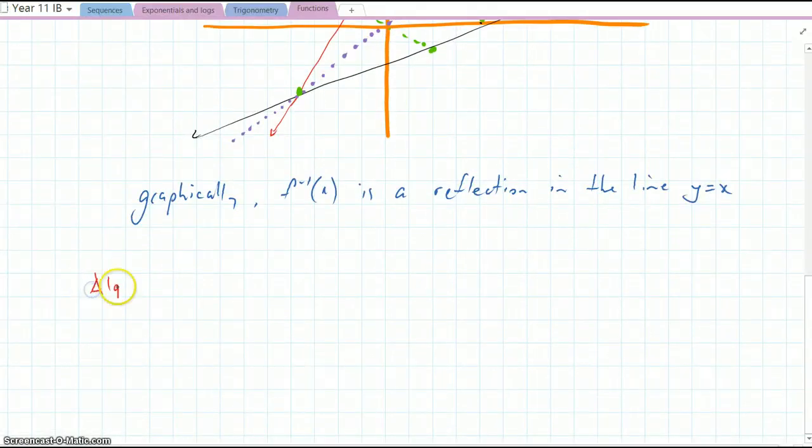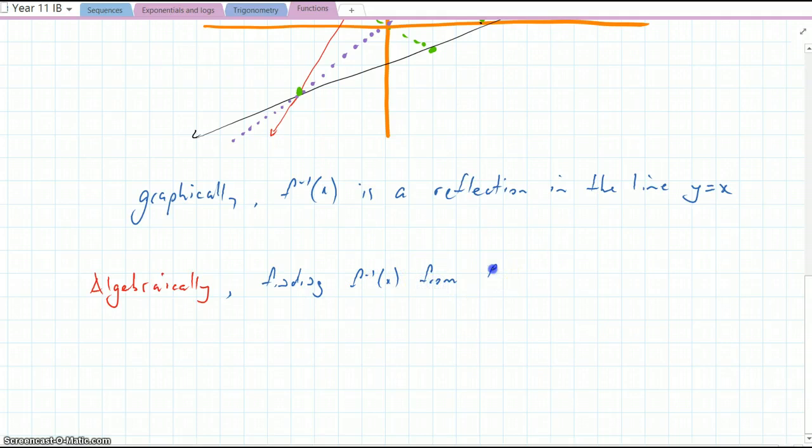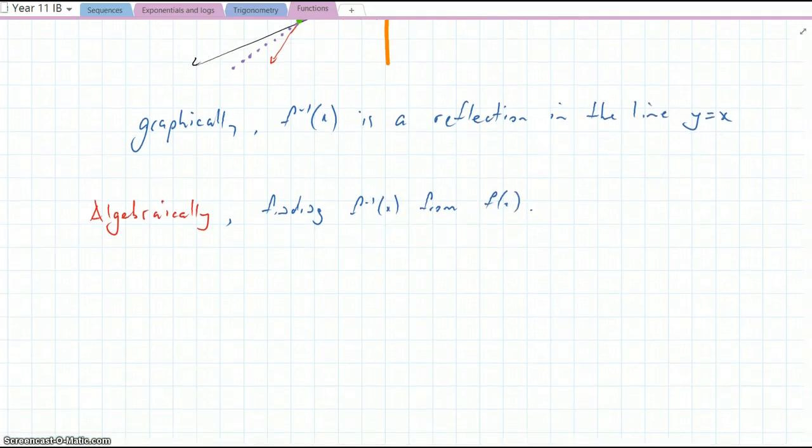Algebraically, let's have a look at finding f minus 1 of x, the inverse function, from the original function.